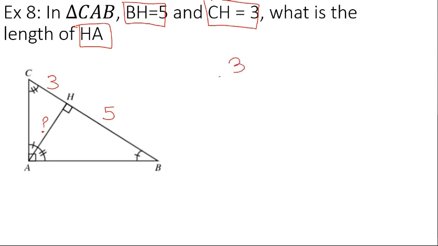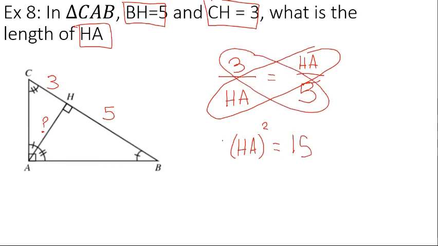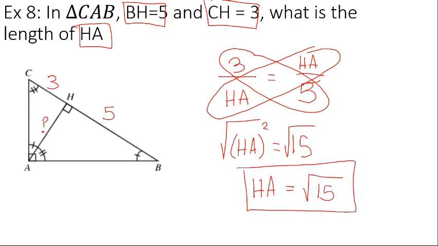We say 3 over HA equals HA over 5. And then we just cross multiply right here. So we say HA squared equals 3 times 5, which is 15. And I just take the square root. So here I say HA is equal to the square root of 15.